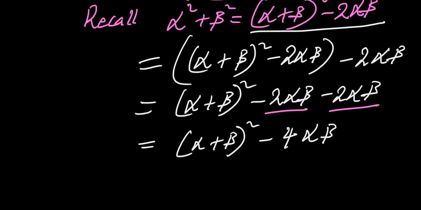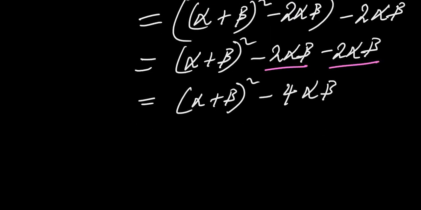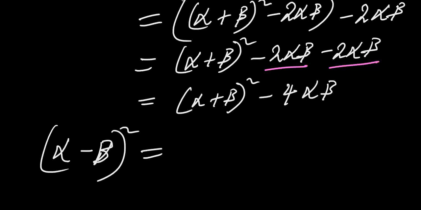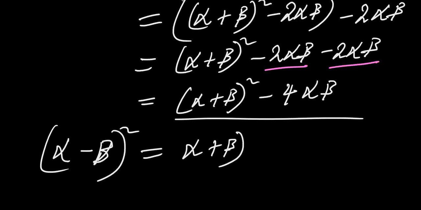Now remember that (alpha minus beta) squared is now equals to this (alpha plus beta) squared minus 4 alpha beta.